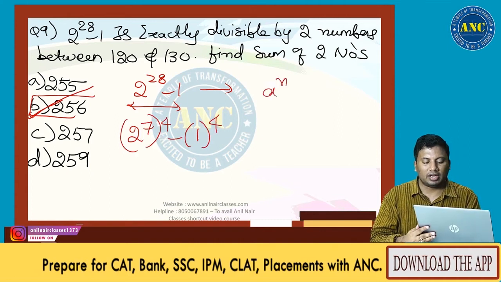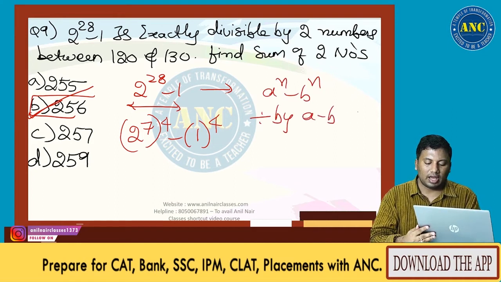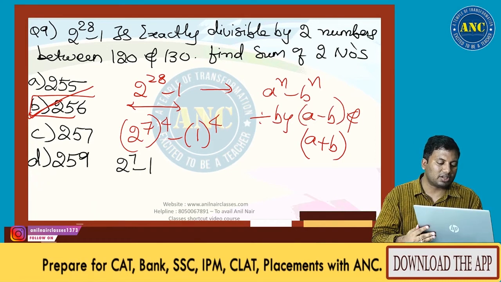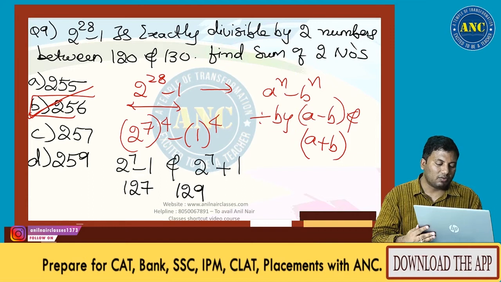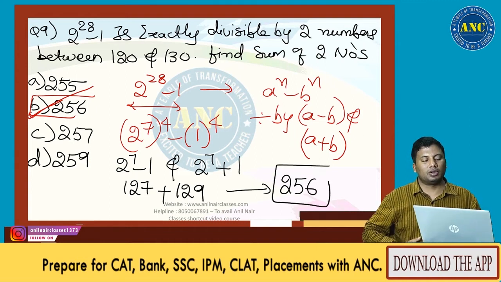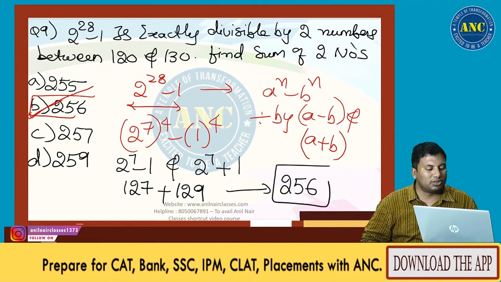A power n minus B power n is always divisible by A minus B and A plus B. So it is divisible by 2 power 7 minus 1 and 2 power 7 plus 1. 128 minus 1 is 127, and 128 plus 1 is 129. The sum of these two numbers is 256. I hope the idea is clear.